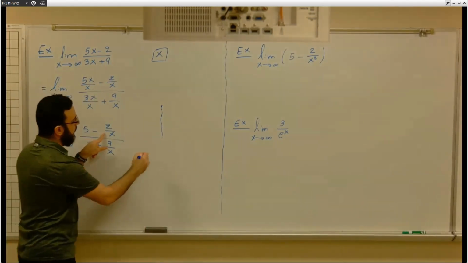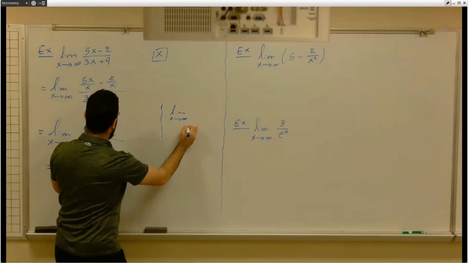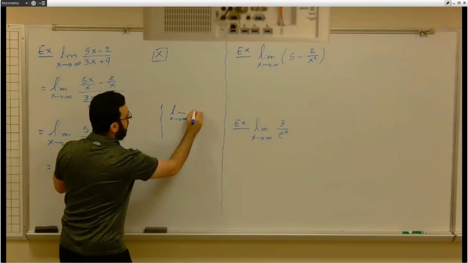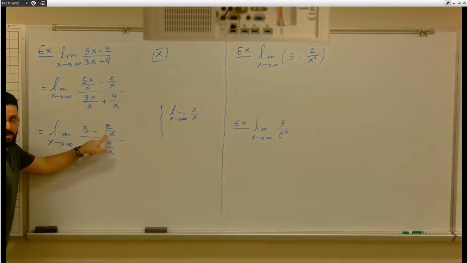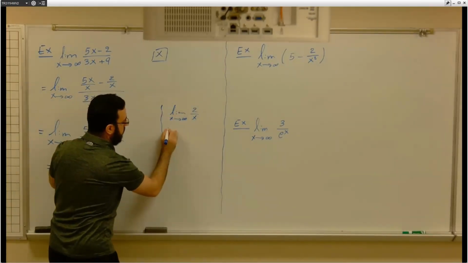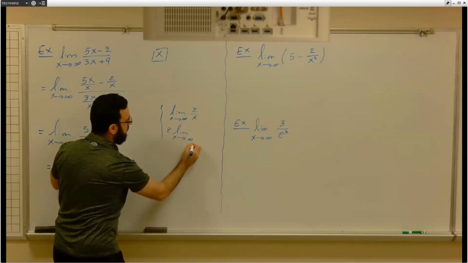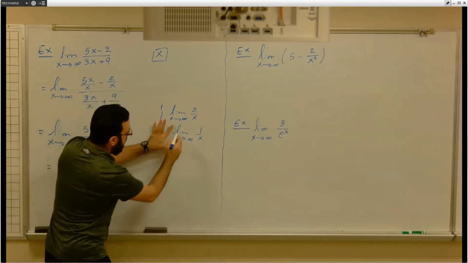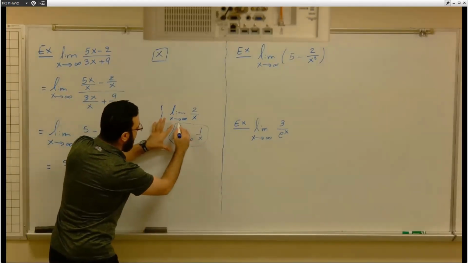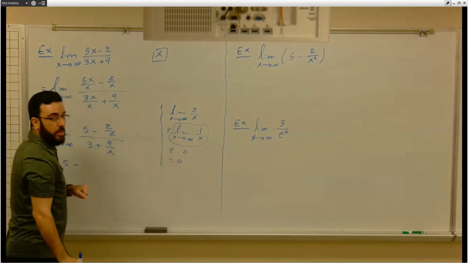You're saying, I'm taking the limit as x approaches infinity of 2 over x. Right? 2 is a constant. I can write it down here. It's 2 times the limit as x approaches infinity of 1 over x. The limit for 1 over x is 0. So it's going to be 2 times 0, and then it's going to be 0. So that's what we're doing.